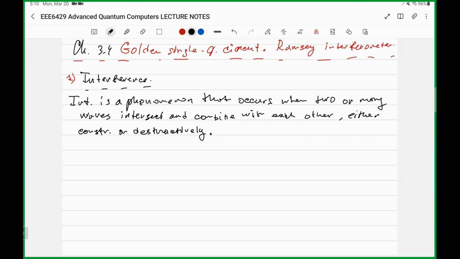And this interaction, this interference, results in an interference pattern.